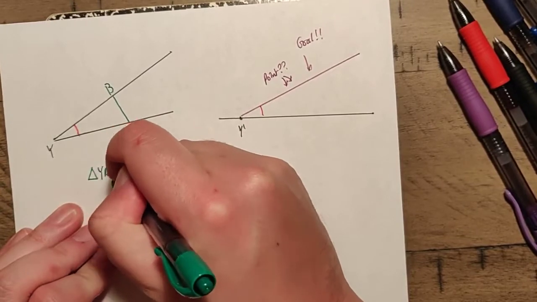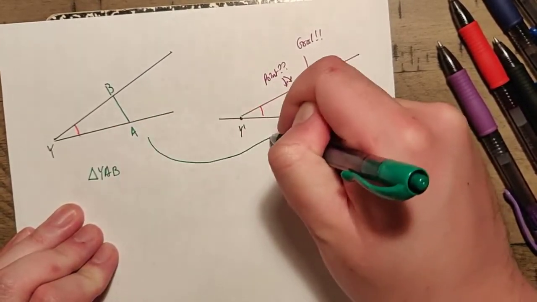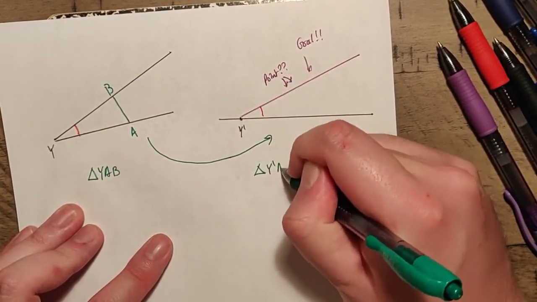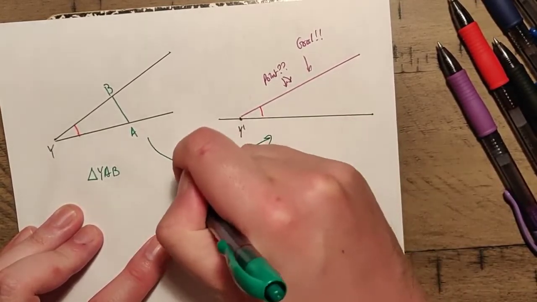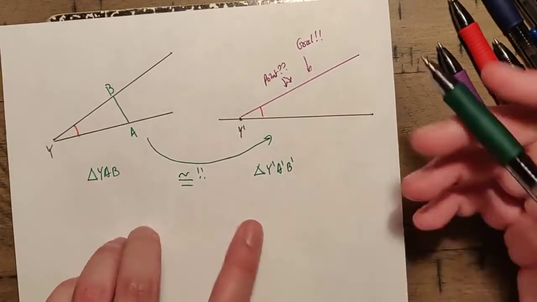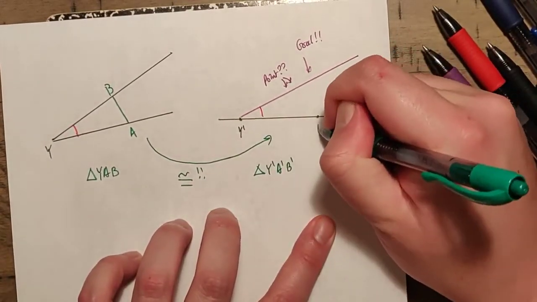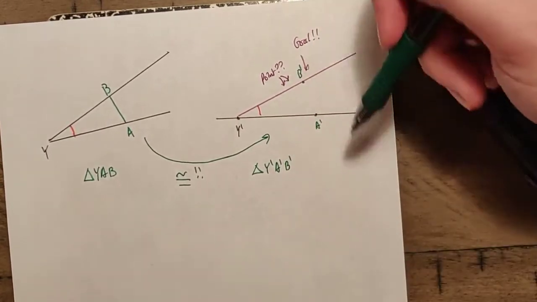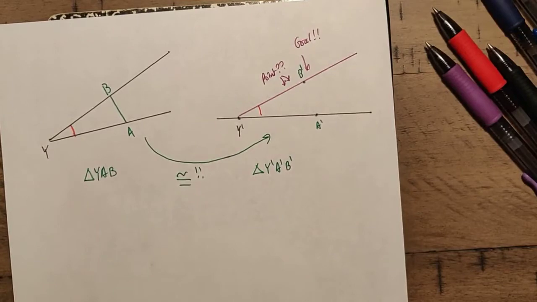If I can create triangle YAB, and I can somehow transfer that triangle over here and create a new triangle Y prime, A prime, B prime, if I can get them to be congruent, then we're in good shape. So that means we want an A prime here and a B prime here. Those 2 green things, we don't know where they are yet.